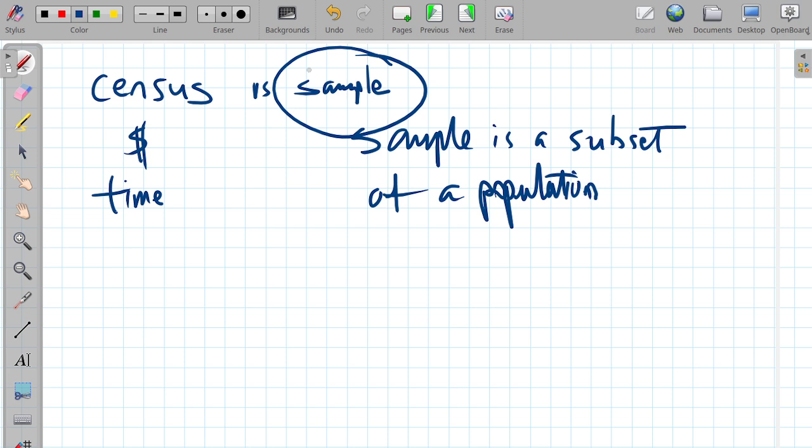Anyway, so census, to summarize then, is expensive, time-consuming, but very accurate, but you have to measure every member of a population. A sample then is a subset of a population and costs far less resources to acquire, and if done carefully, will provide accurate characteristic estimates. When I say characteristics, average values, standard deviations, all the typical things that we want to know about. Moving on.